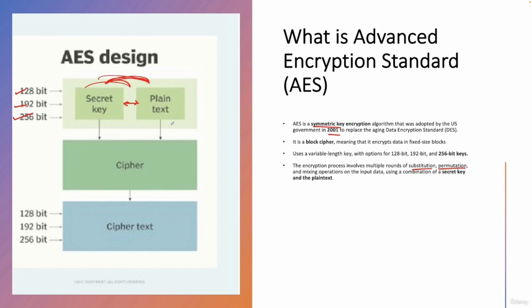Then you again take the next block of the plain text, apply the secret key, and get your ciphertext. So it uses multiple rounds of substitutions, permutations, and mixing operations on the input data using a combination of secret key and plain text, as we just saw. And it is considered to be highly secure.